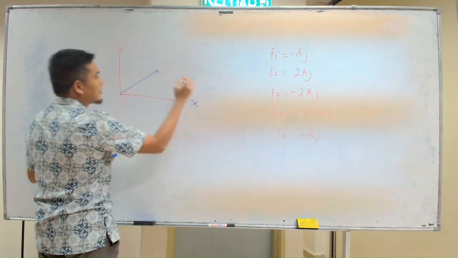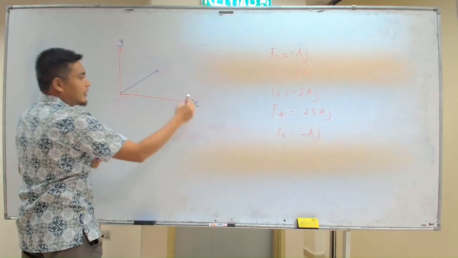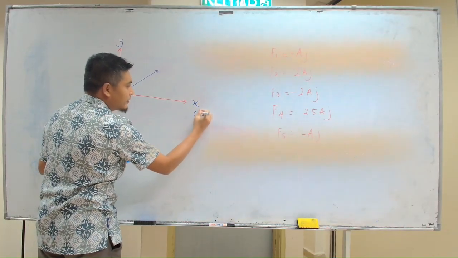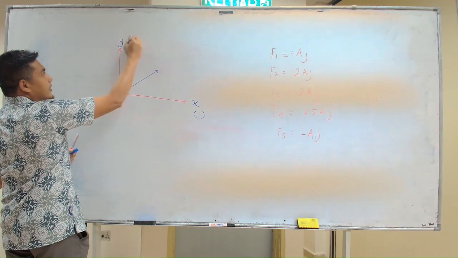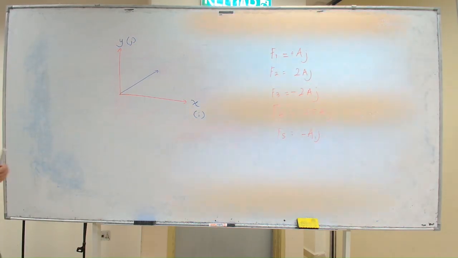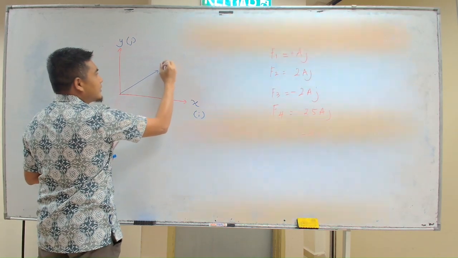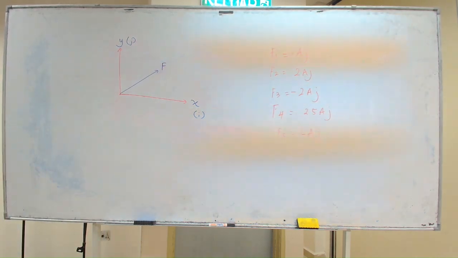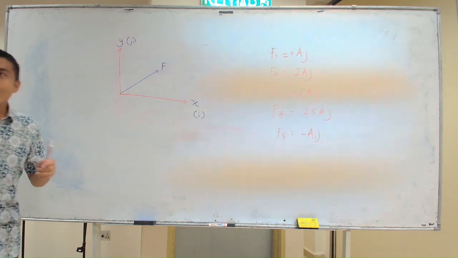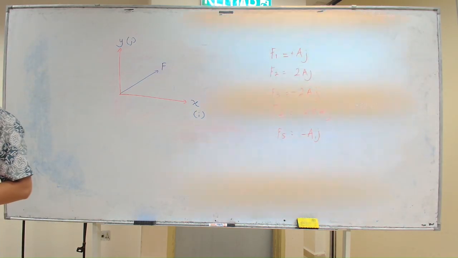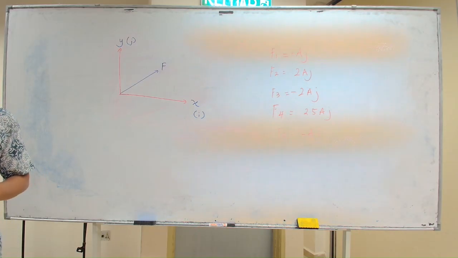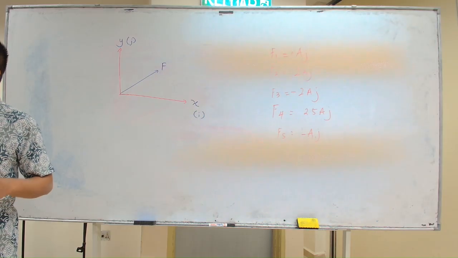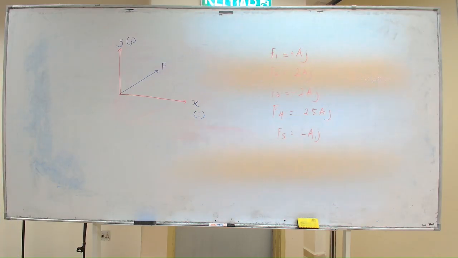This is X, this is Y. The direction of X we name as I, the direction of Y we name as J. Now let's say this is F. We only can move either vertical or horizontal. We cannot move diagonal.